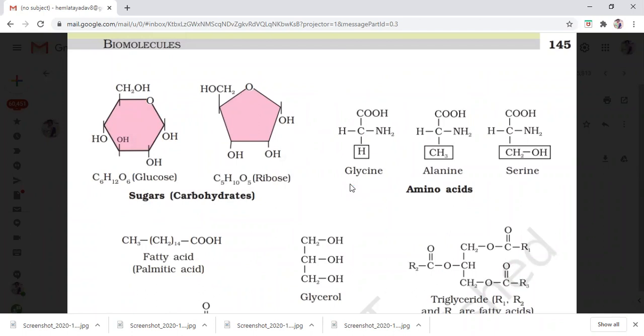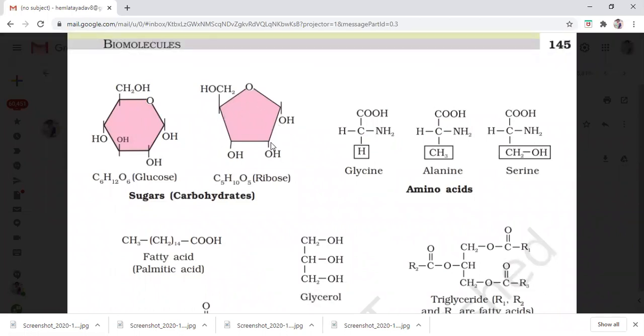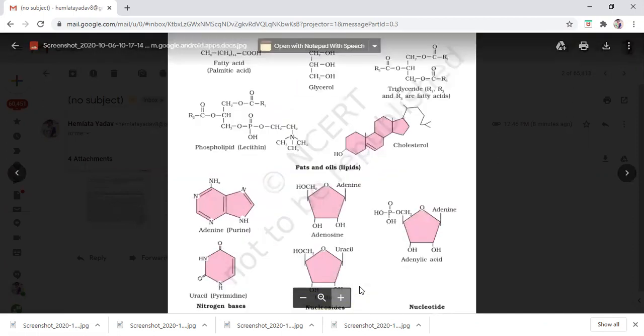Sugars, we can see two sugars are shown over here. One is a hexose sugar, that is glucose, and the other is a pentose sugar, 5 carbon: one carbon here, one carbon here, one, two, three, four, and the fifth carbon is in the chain only.